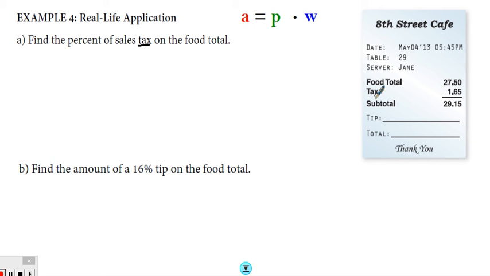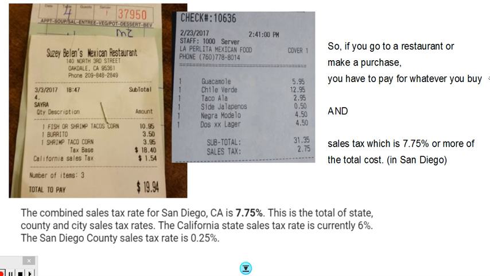That's what it's asking. Now, for those of you who don't really quite understand tax, I'm going to give you a little brief explanation. You don't have to write these down. If you look at these receipts, these are generally how real receipts look.